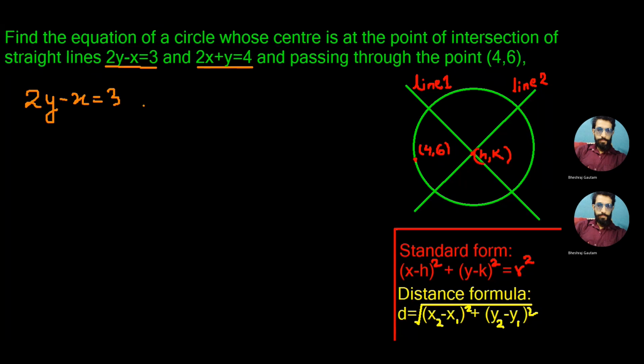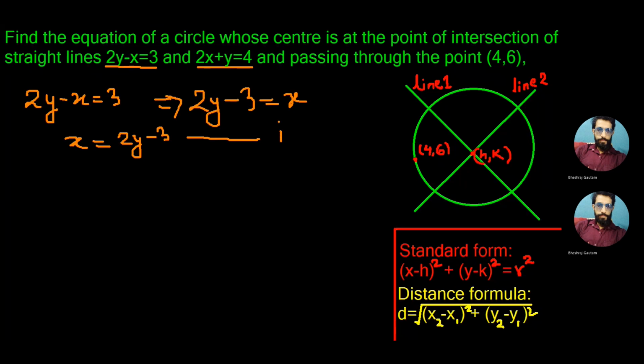Let's write this as 2y minus 3 is equal to x by exchanging x and 3. It can be written as x is equal to 2y minus 3, and consider this as the first equation.